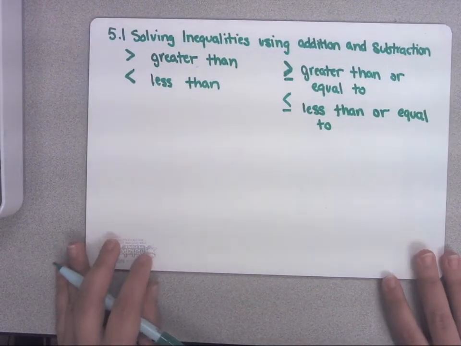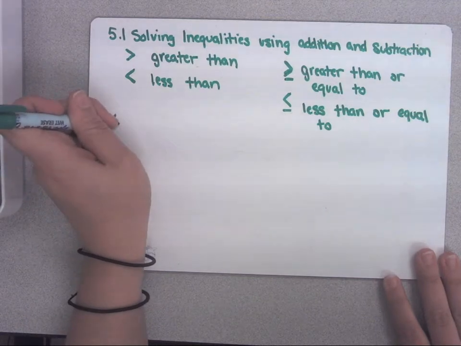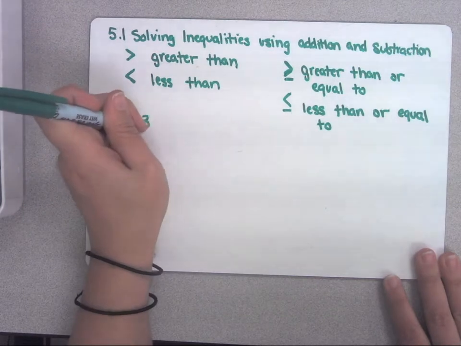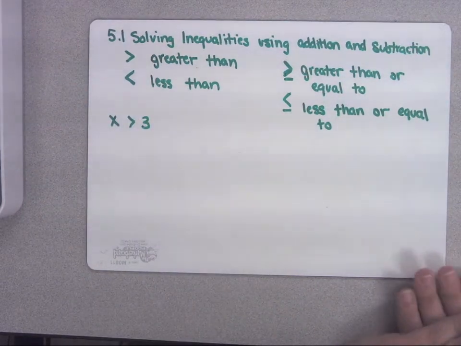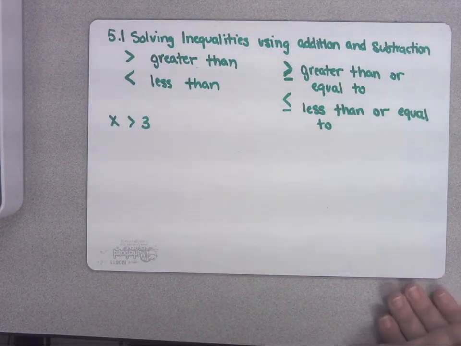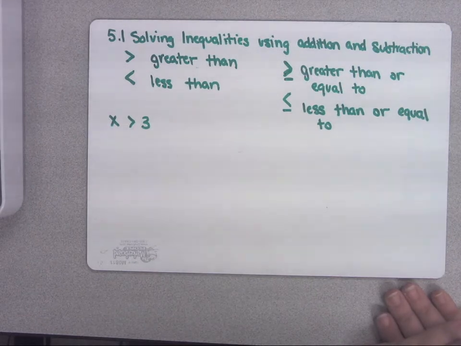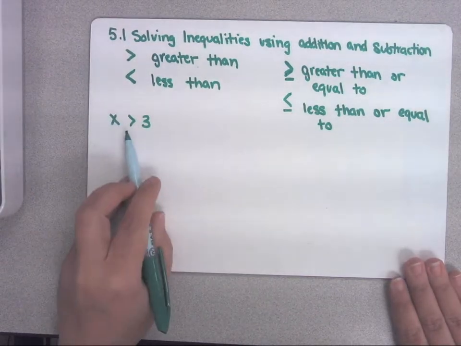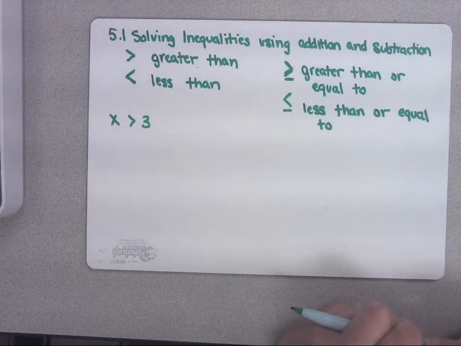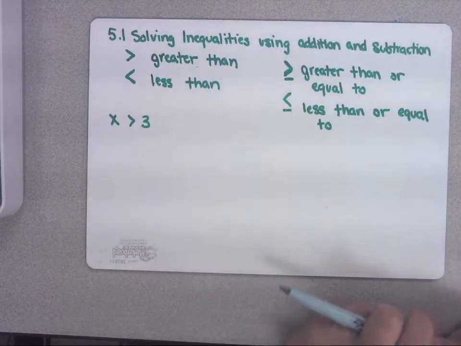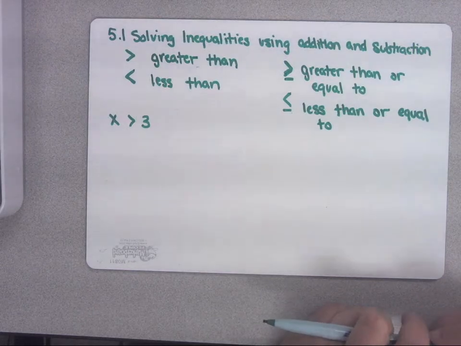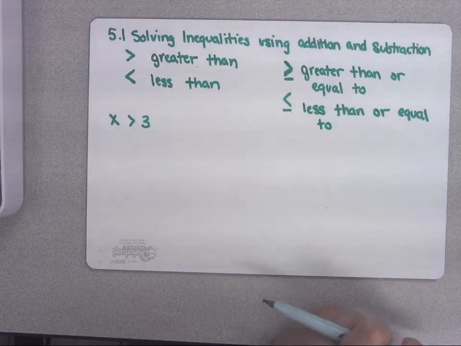Okay, so what this means, if I have the statement x is greater than 3, that's an answer. That's how an answer is written. X is a variable, right? But it represents a number we don't know. So it says x is greater than 3, because left to right, that's the greater than symbol. So what's a number that's greater than 3? Anybody in this room? Gracie? Ethan? 5? 5,000, right?